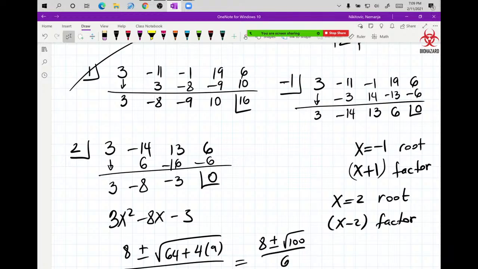How's that done? Simply through multiplication. You have a couple of roots, you create factors, and when you create factors, then you have everything you need to do the rest. So let's go and see.